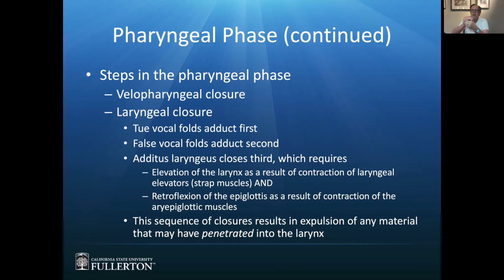So you know when that occurs, when you look at somebody who's swallowing, their larynx elevates. How does it elevate? Through contraction of the laryngeal elevators, the strap muscles that are going to pull it up. And you know about those from your anatomy and physiology class. So two things occur. By the way, I did put it here.